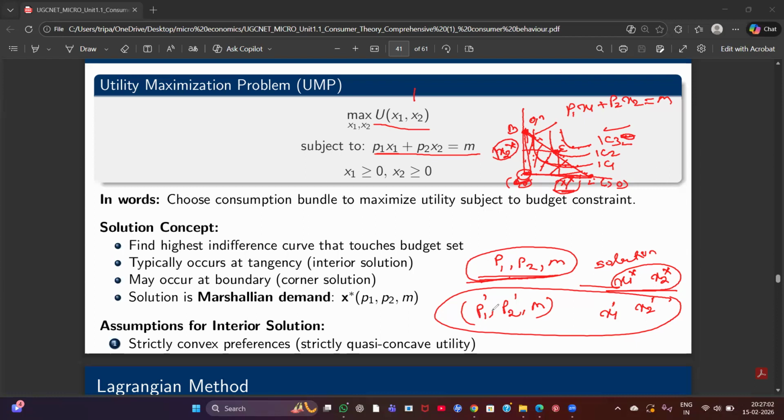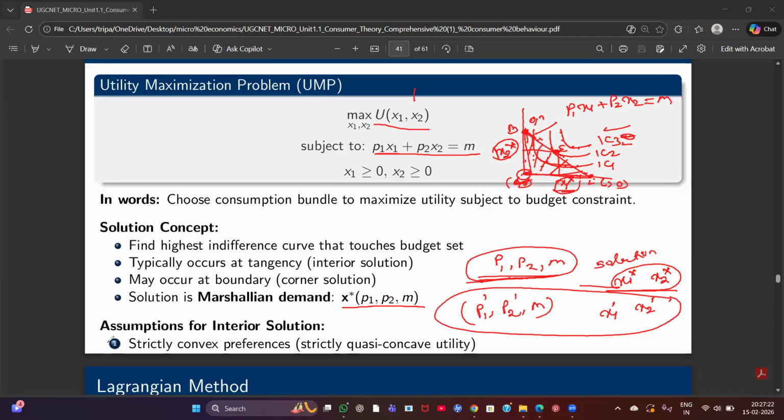The Marshallian demand function is represented by this symbol X star, that is, X star depends on P1, P2, and M.